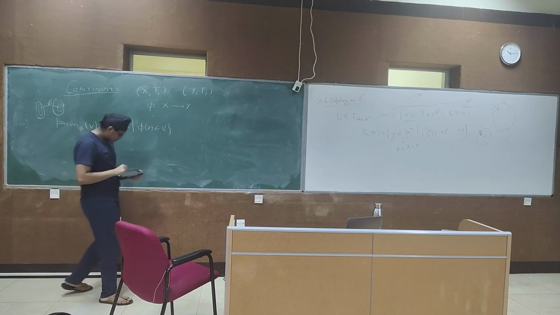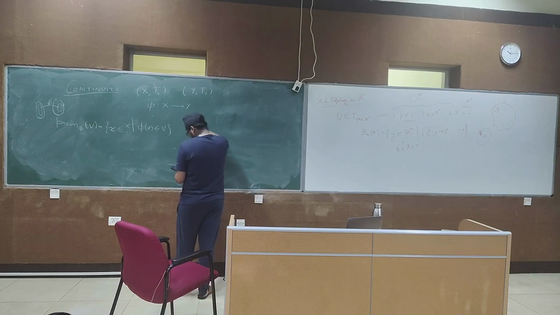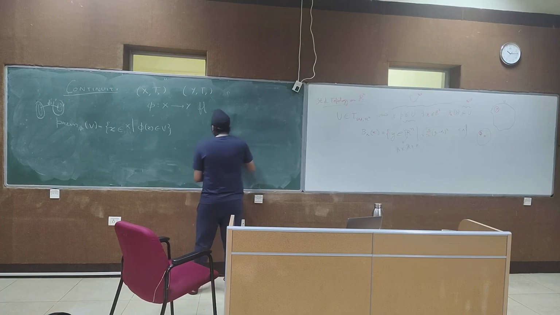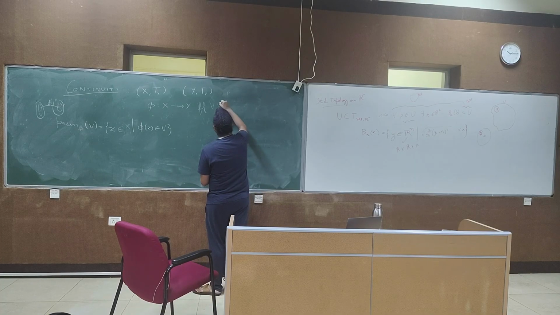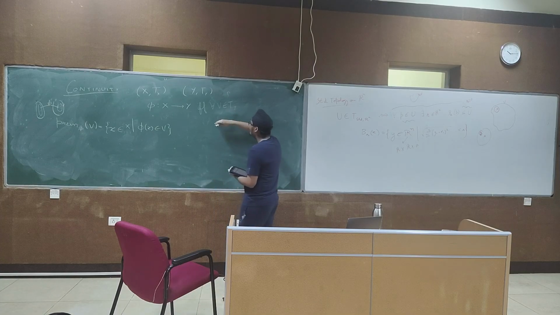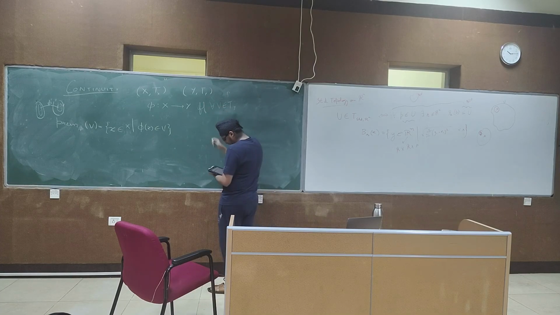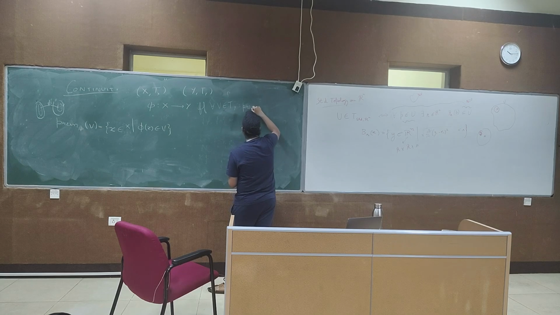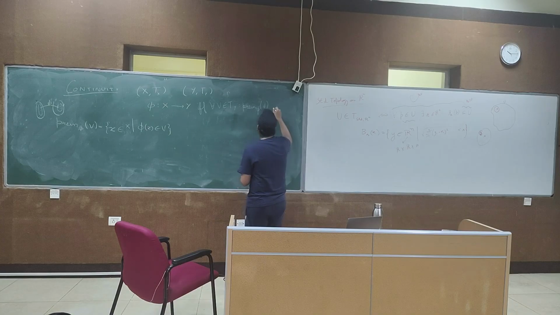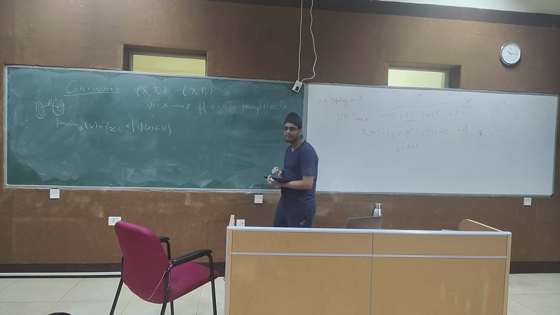Yeah. So the map phi is said to be continuous if and only if for all open sets belonging to the topology on Y, the pre-image of those open sets under the map phi is also open.